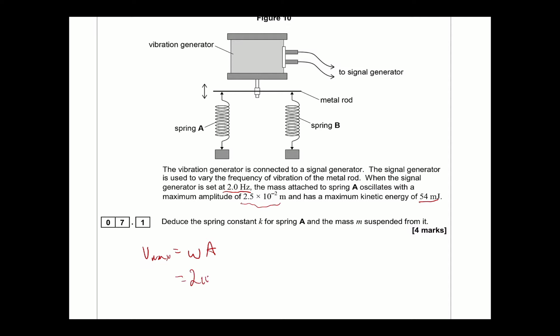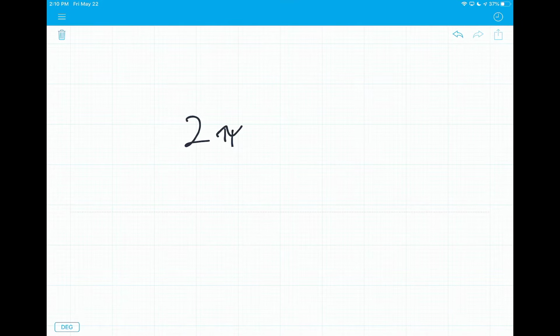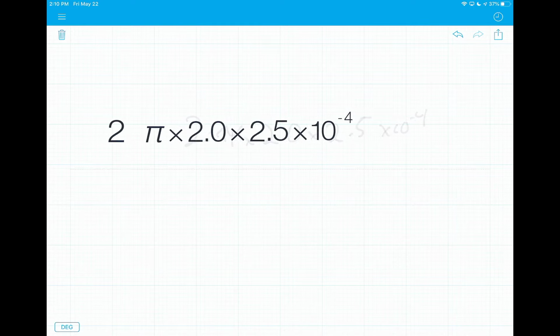So 2 pi, frequency is 2 hertz, so times 2. And our amplitude, 2.5 times 10 to the minus 2. So Vmax is 2 pi times 2 times 2.5 times 10 to the minus 4.